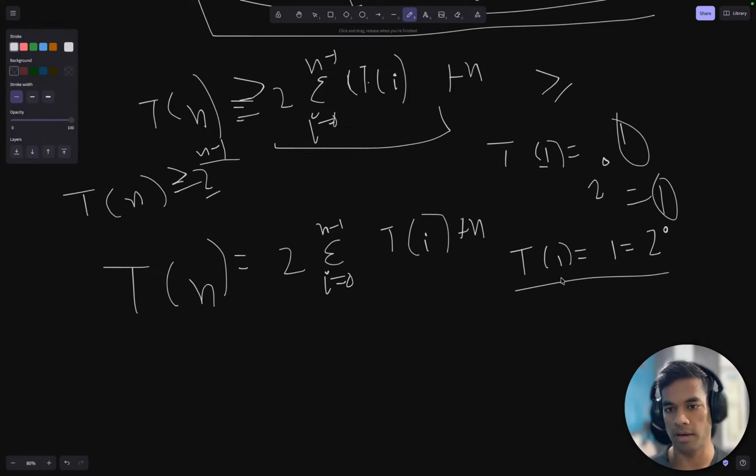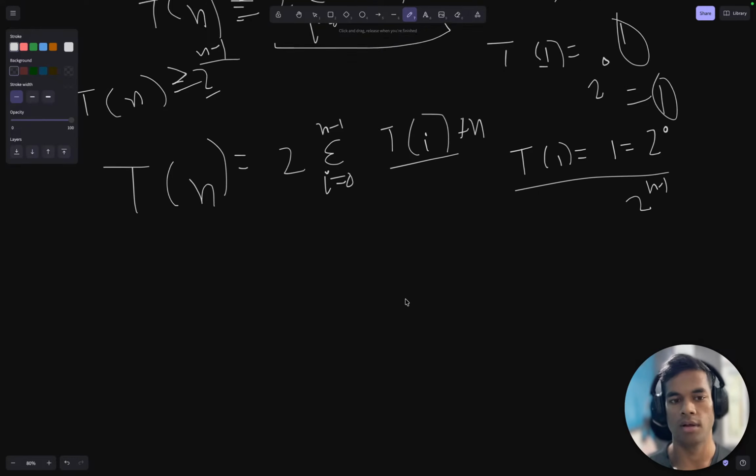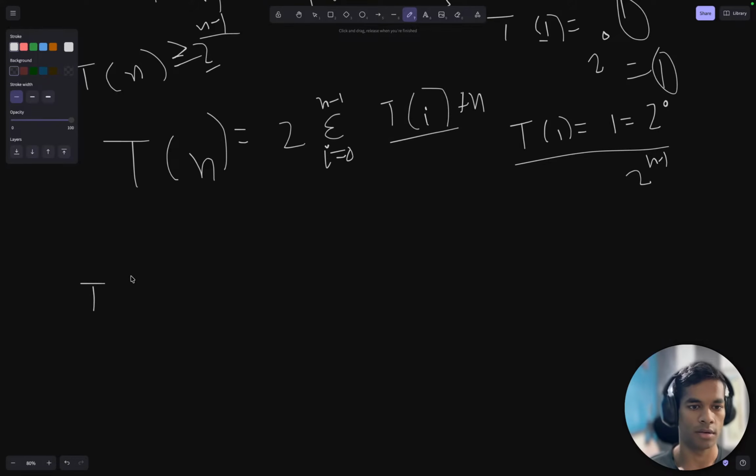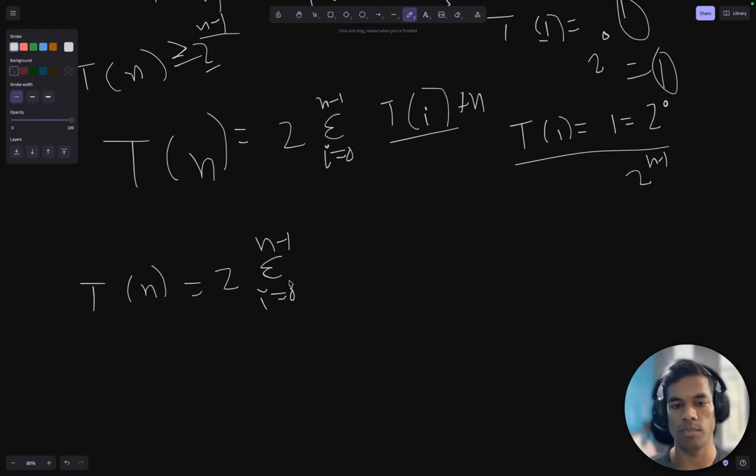If we plug this formula 2 power n minus 1 in here, let's see what we get. Tn equals 2 into summation i ranges from 0 till n minus 1, and by induction, Ti would be 2 power i minus 1, plus n.